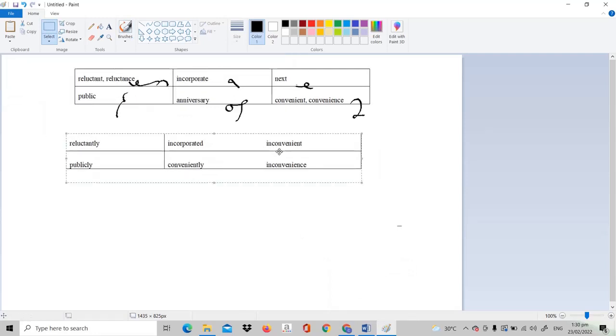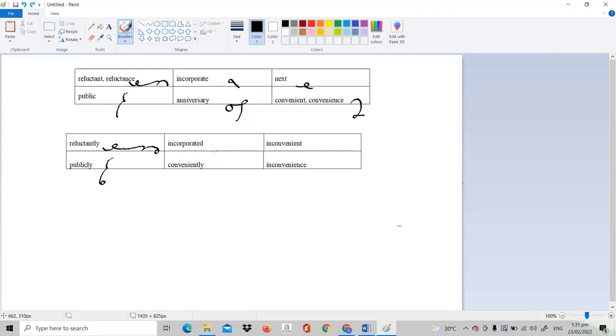Okay, so for reluctant, then add li. So we have reluctantly. Okay, next, publicly. So we have public, let's add li. Incorporate, ano ba yan? So next we have incorporated. Tama. So incorporated.